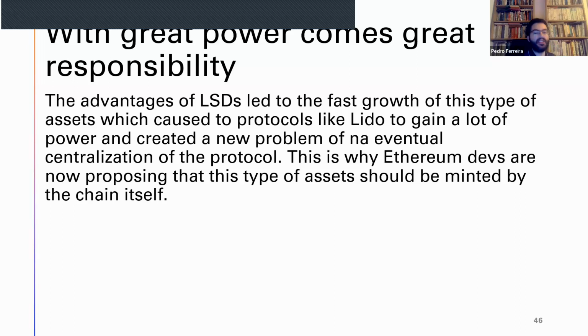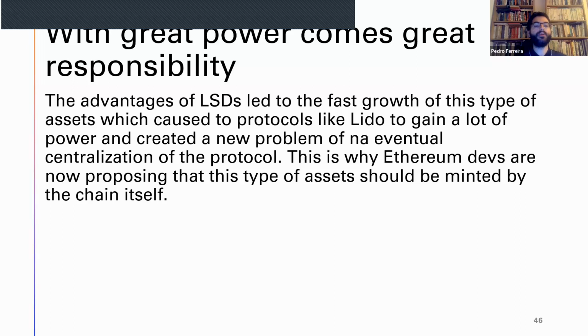What are the Ethereum devs and the Ethereum team thinking of doing? Instead of being a platform to mint these liquidity staking derivatives, the network itself will natively mint them, instead of allowing other platforms to do it. What will this do?